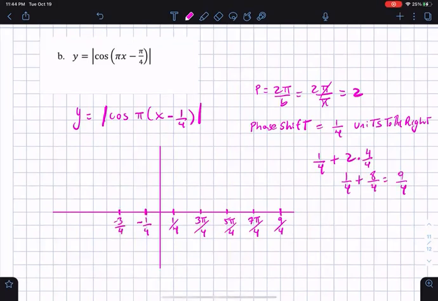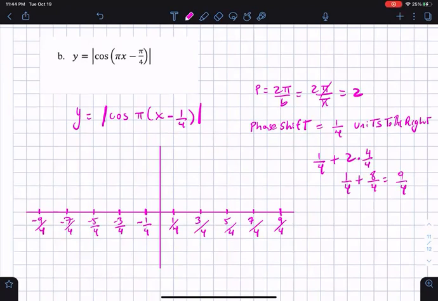I'm sorry if I said pi. I don't know where I got pi from. There's no pi here. It's just a fraction, okay? Negative 5 over 4, negative 7 over 4, and then negative 9 over 4, okay? So there you go. That's 2 periods, right?